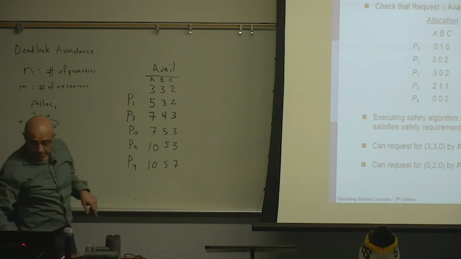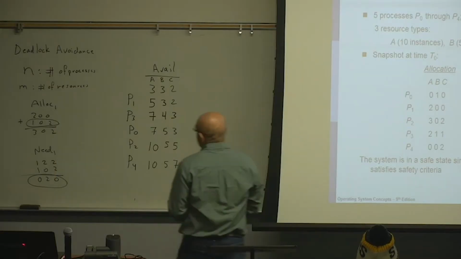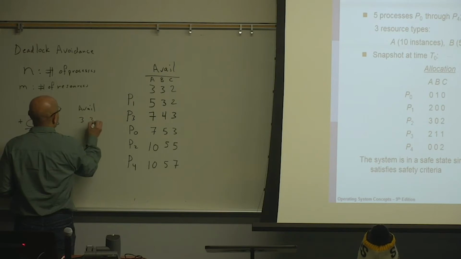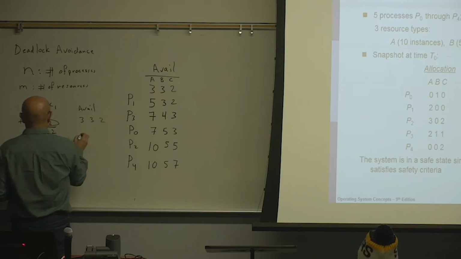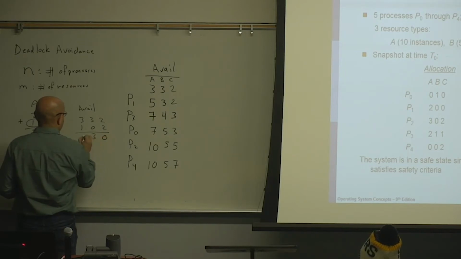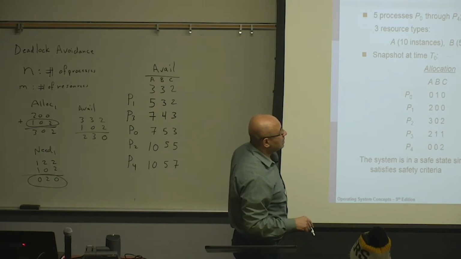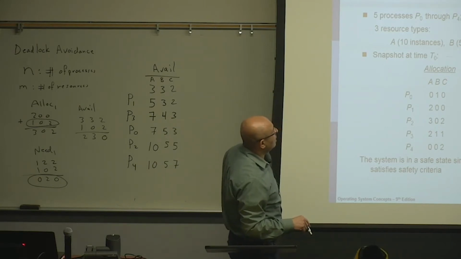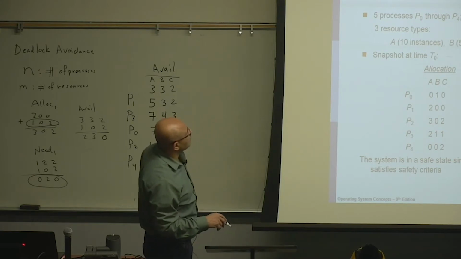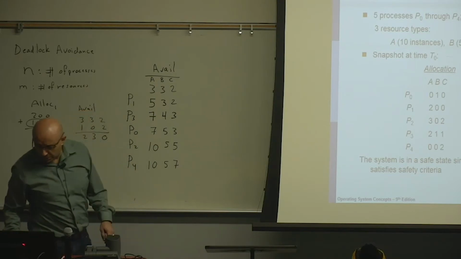So our available changes from 332 to 332 minus 102, and that will become 230.